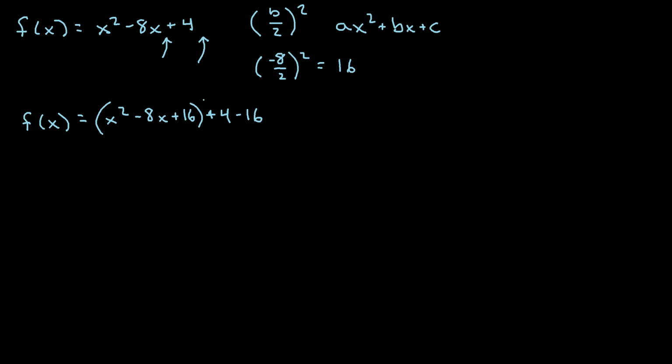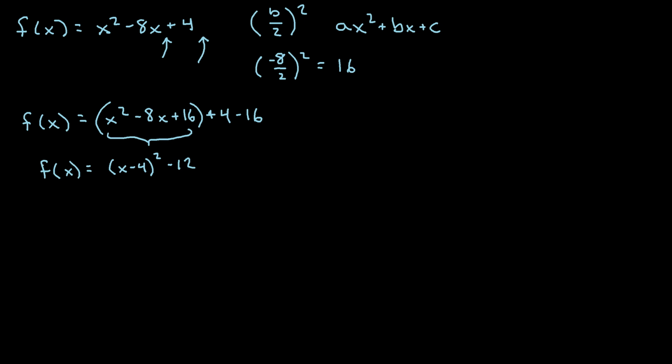Now the reason that we do this is because this whole expression right here can be factored as x minus 4 squared. And then out here, we have 4 minus 16, that's minus 12. So what we've done is we've rewritten the original equation to make it a little easier to work with.